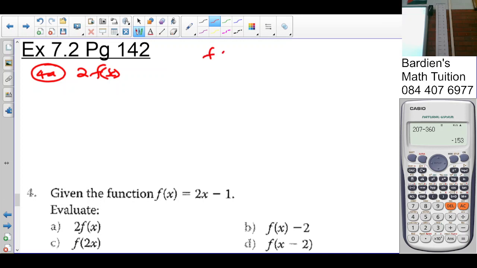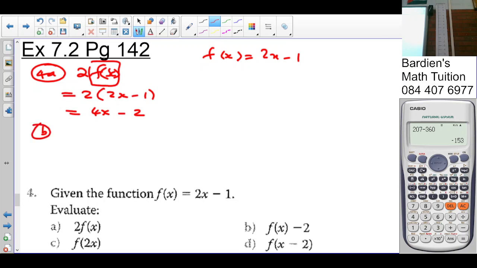If f of x is 2x minus 1, what is twice f of x? So it will be 2 times (2x minus 1), which is 4x minus 2.